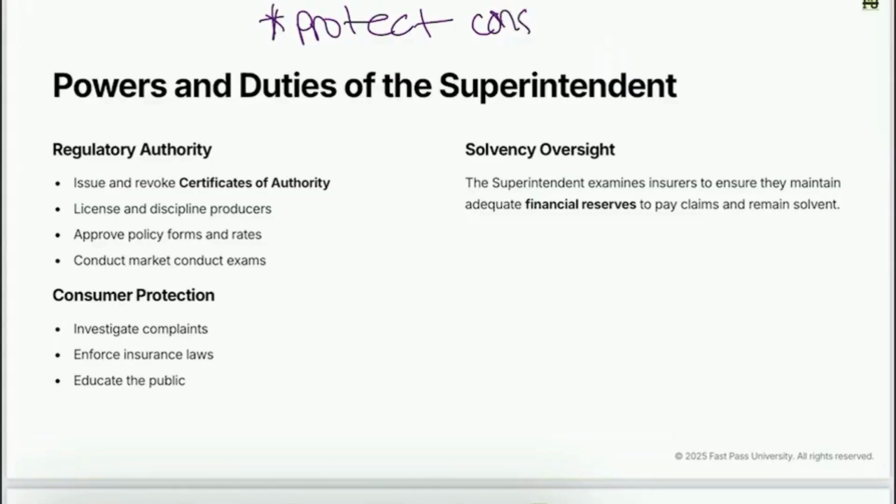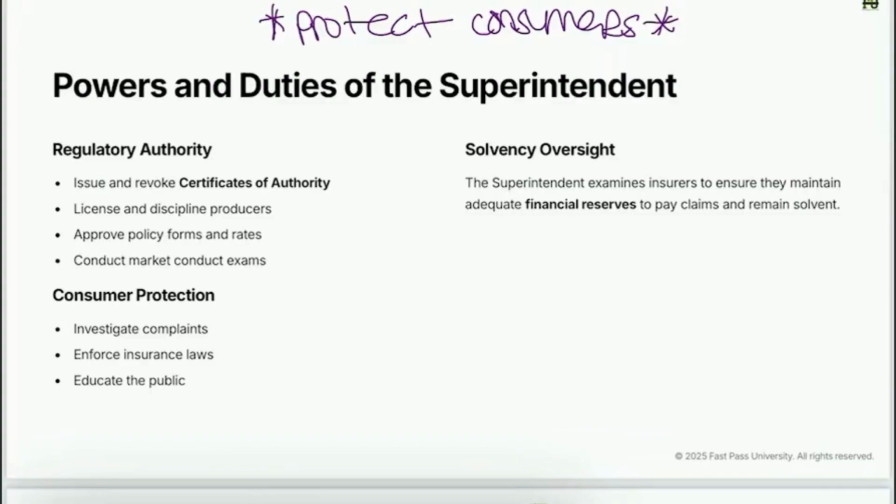So the superintendent issues and revokes certificates of authority, okay, as well as licenses. But let's talk about a certificate of authority for a sec.